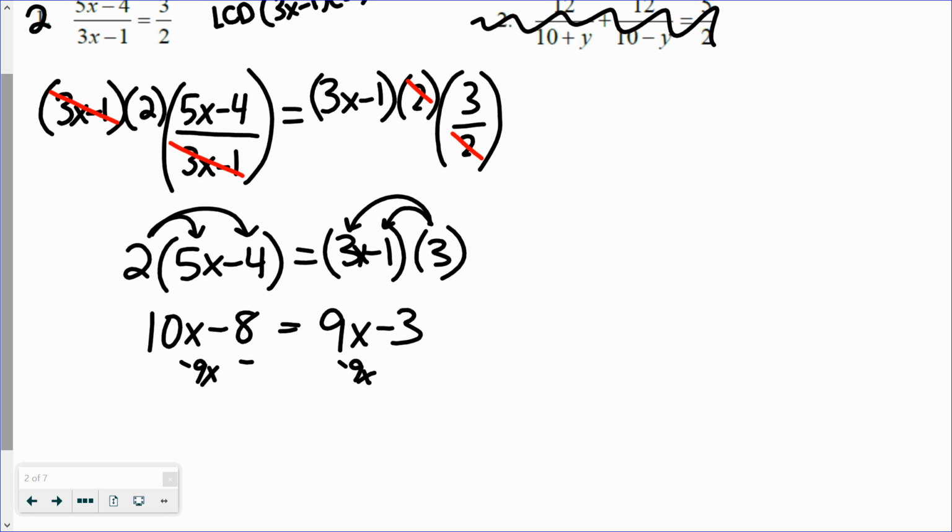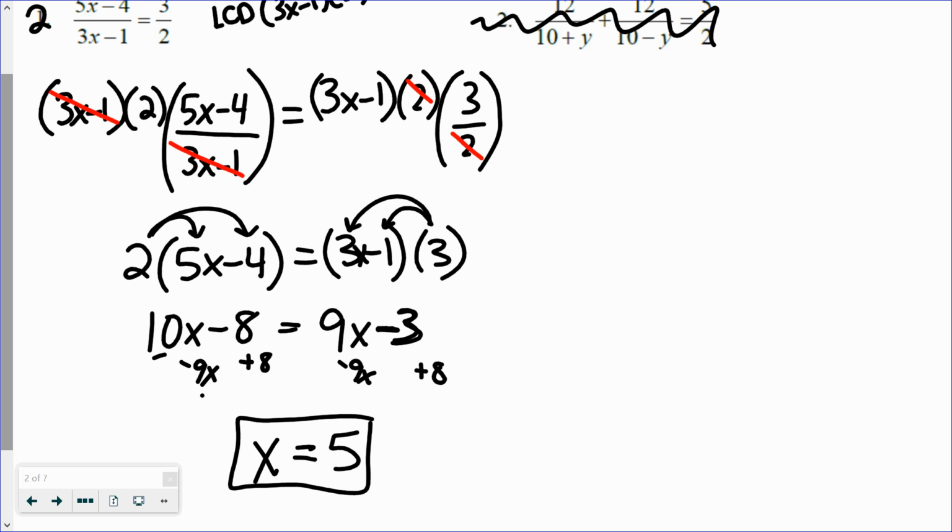And I'm going to add 8 to both sides to move that constant over as well. So 10x subtract 9x is going to be x, and then negative 3 plus 8 is going to be equal to 5. So the value that should make this true is a value of x equals 5.